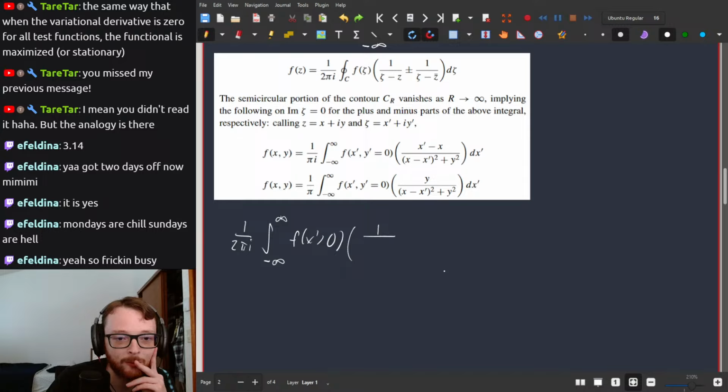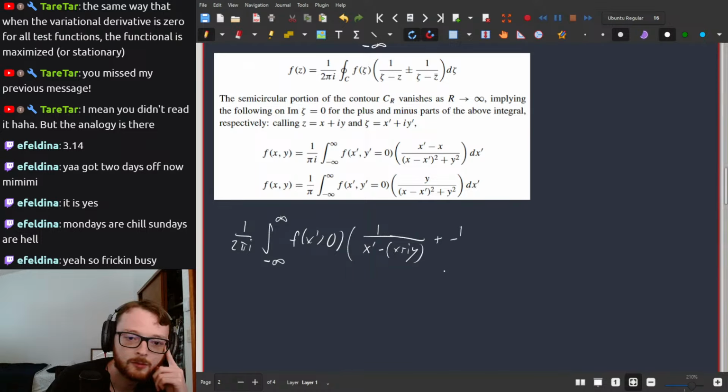I need to do a power ranking for Greek letters, because zeta is going to be the second worst one behind xi.